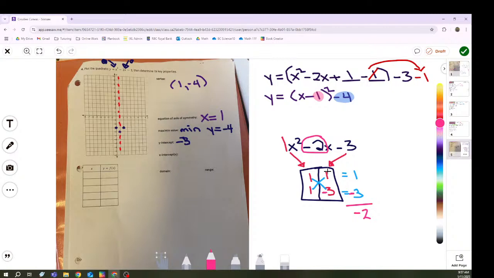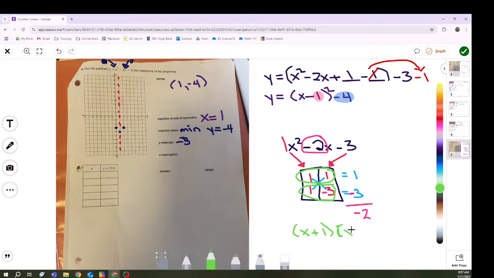And now my factors pair up this way. That first column represents the x's. This didn't have any x's attached, but this column does. So this would represent a 1x with a plus 1. This one would represent a 1x with a minus 3.